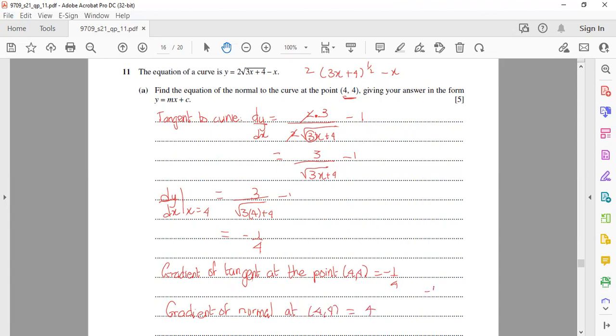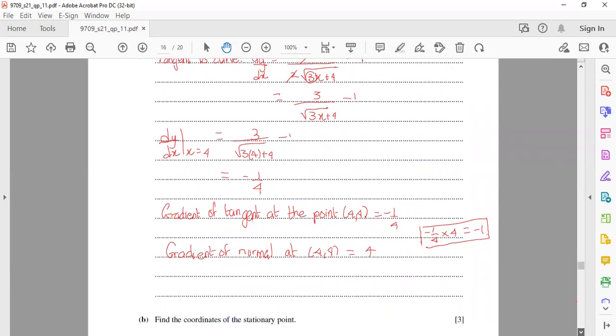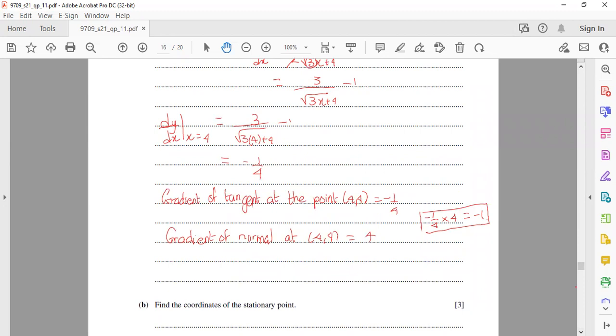Okay, so minus 1 times minus 1/4 times 4 should give me 1. Good. So now that I have the gradient of the normal and I have a point, I can find the equation of the normal. So the equation of the normal at 4, 4.